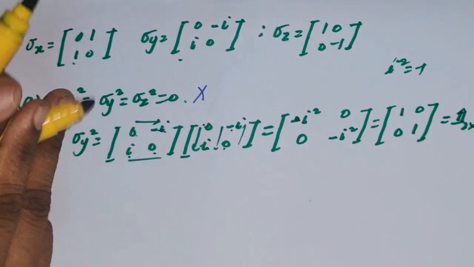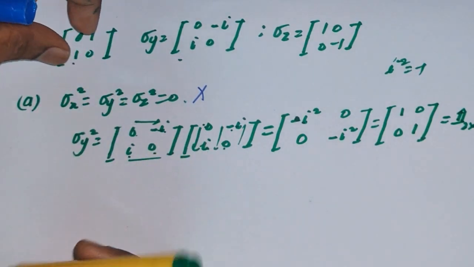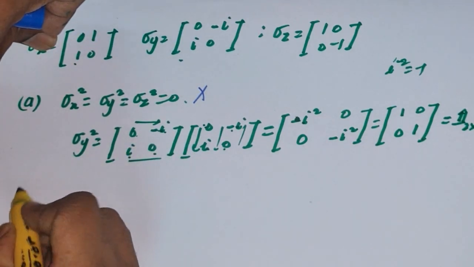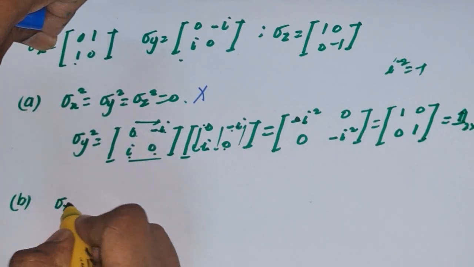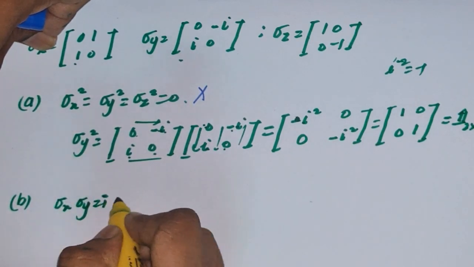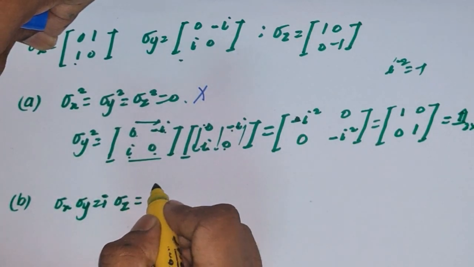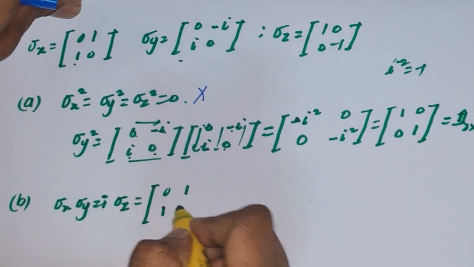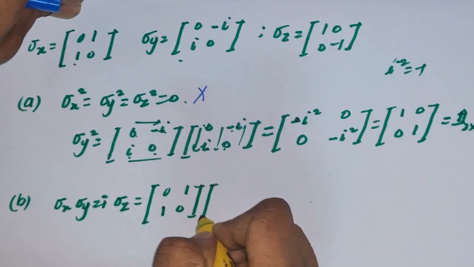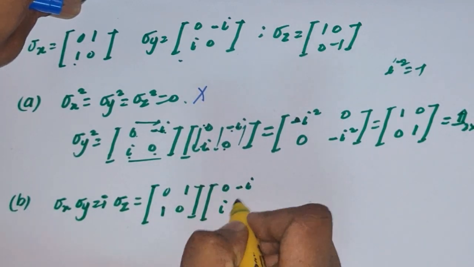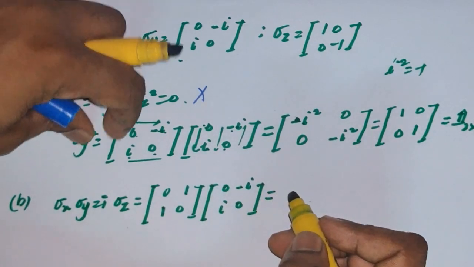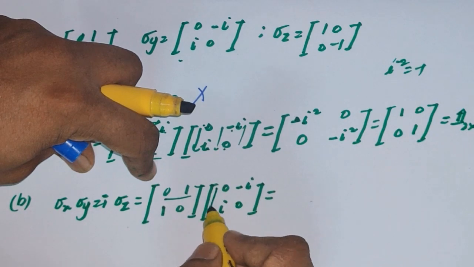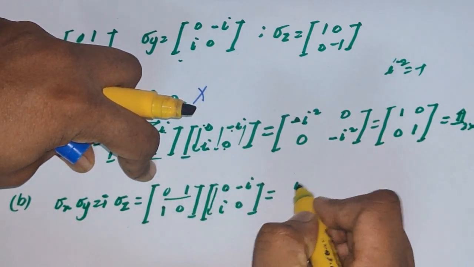The next one given is sigma x into sigma y equal to i sigma z, which we can check. Sigma x is 0 1 1 0 and sigma y is 0 minus i, i 0. Multiplying these two, the first row and first column gives 0 plus i, which is i.